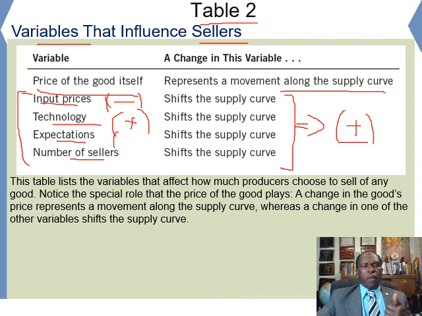If a firm expects lower prices in the near future, the current supply will increase and shift to the right. If the number of sellers goes up, the supply curve will increase and shift to the right.